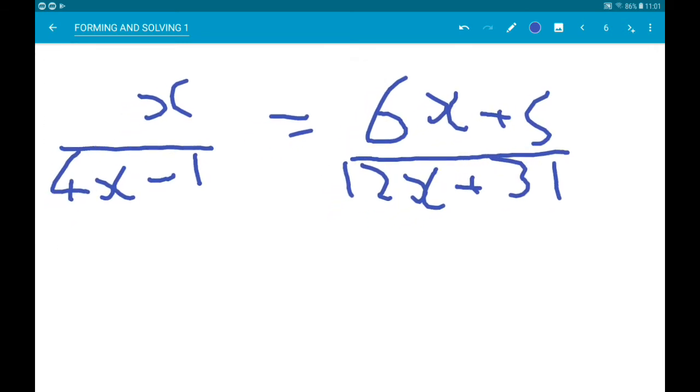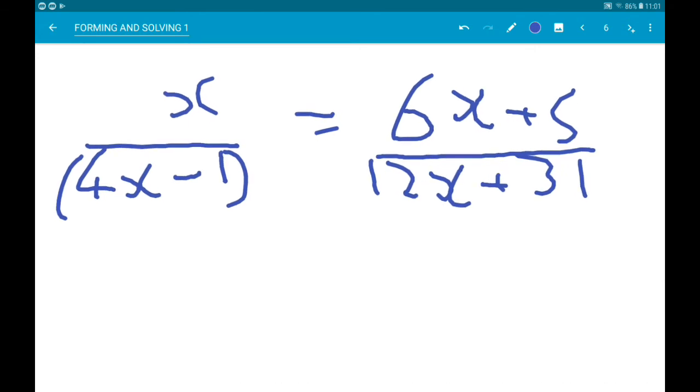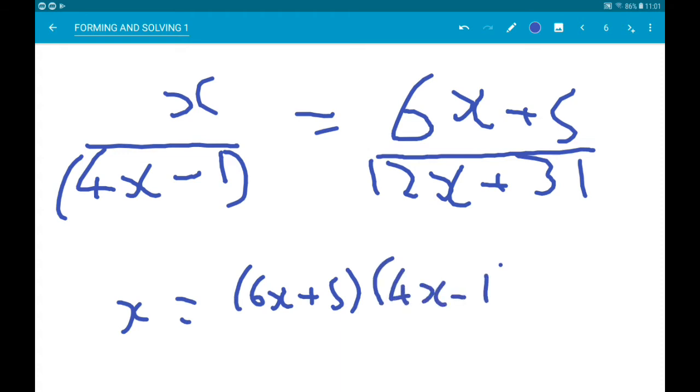Now to do this, I'm going to multiply through by both denominators. So, if we first of all multiply through by 4x minus 1, we're going to get x is equal to 6x add 5 times 4x minus 1 all over 12x add 31.